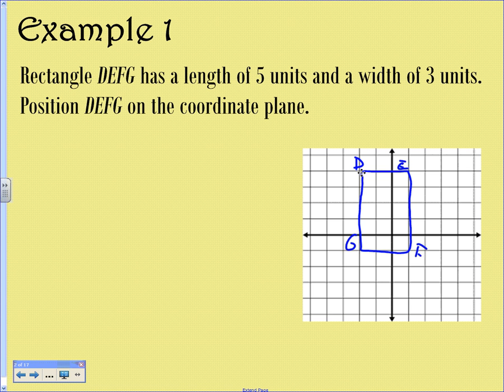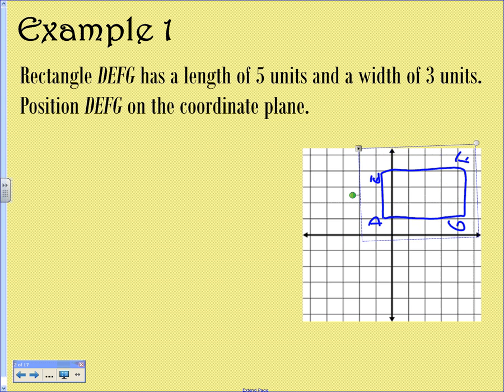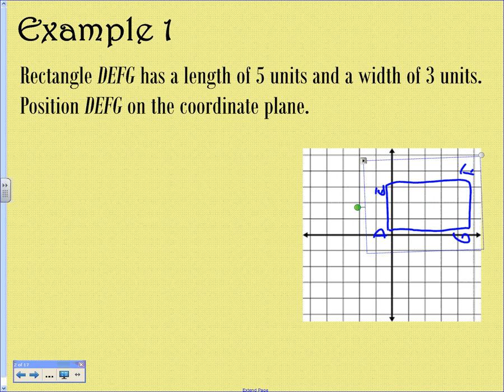Does yours look like that? You put yours there? Turned it? Does it really matter? As long as it's a rectangle on the coordinate plane. Does that make sense? Okay.